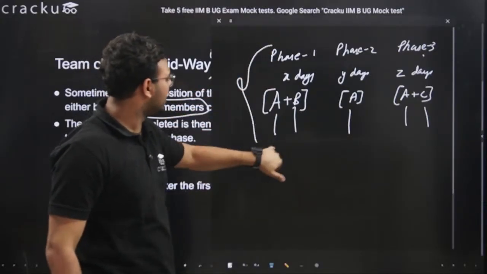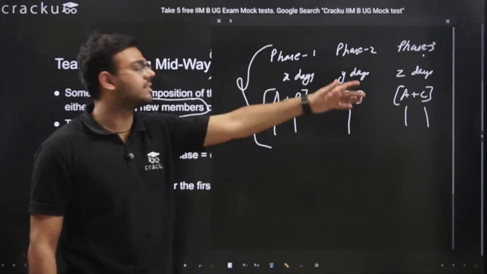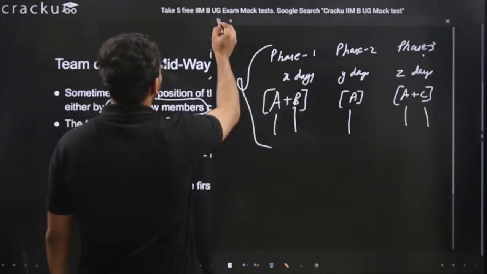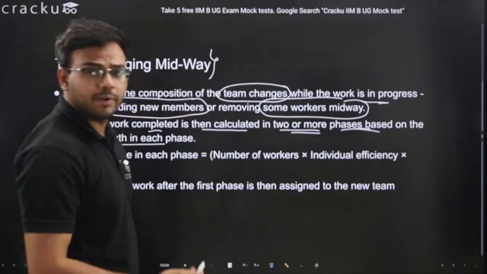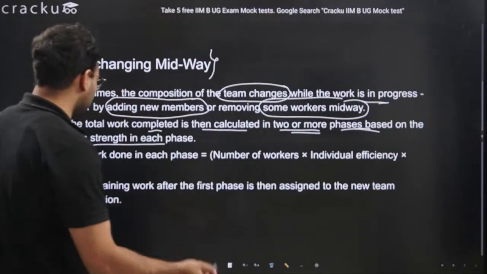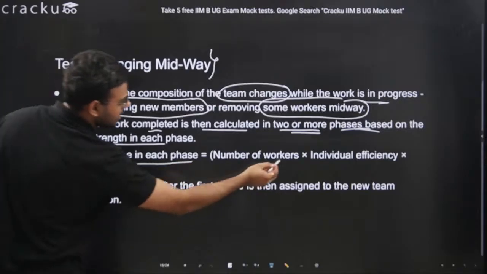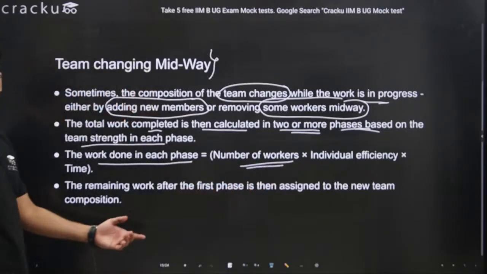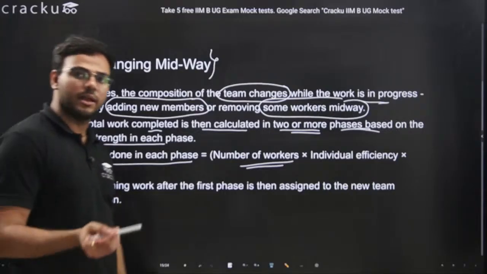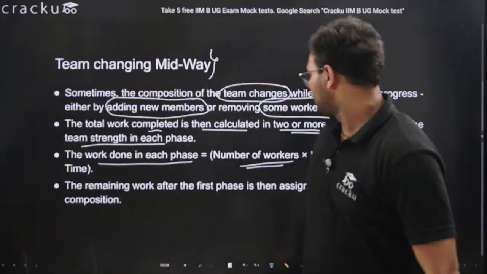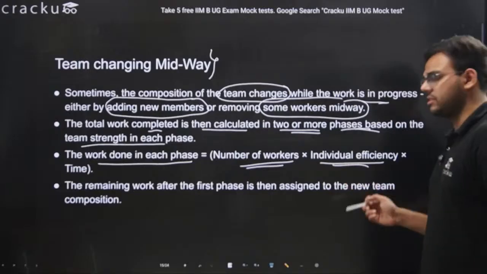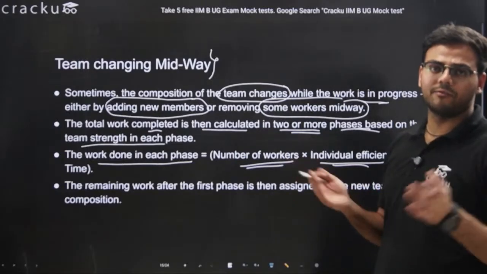You have to follow this phases pattern, that is, what is happening in phase 1, phase 2, phase 3. We'll solve a question on this one, since this concept is better understood by solving a question. Again, the work done in each phase will be the number of workers multiplied by the individual efficiency, multiplied by time. In phase 1 there were two workers, A and B, with different individual efficiencies, so we have to add them up.